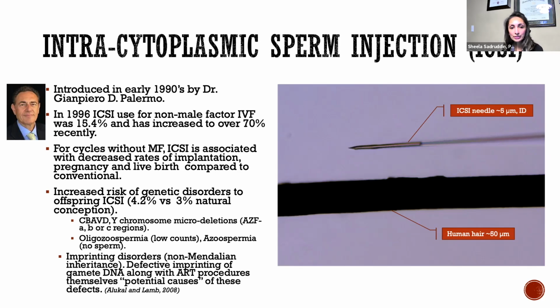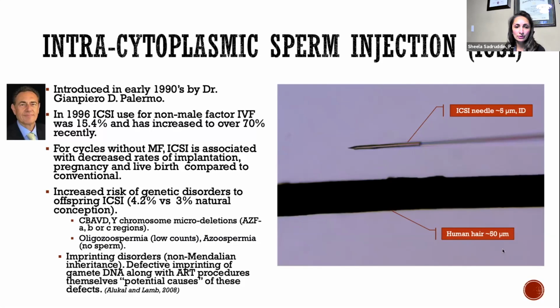Now, the image on the right is very interesting because although we know sperm is a very small cell, the ICSI needle that you see here on the top is roughly about 5 microns in inner diameter. And right below that, you see a human hair, which is about 50 microns in diameter.